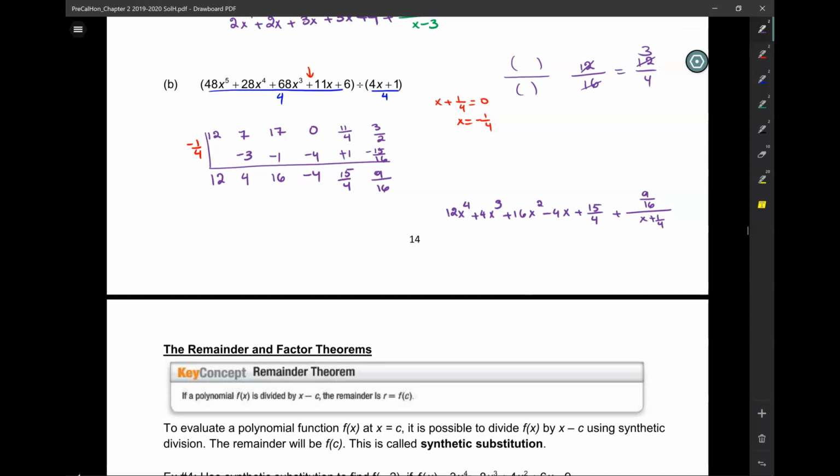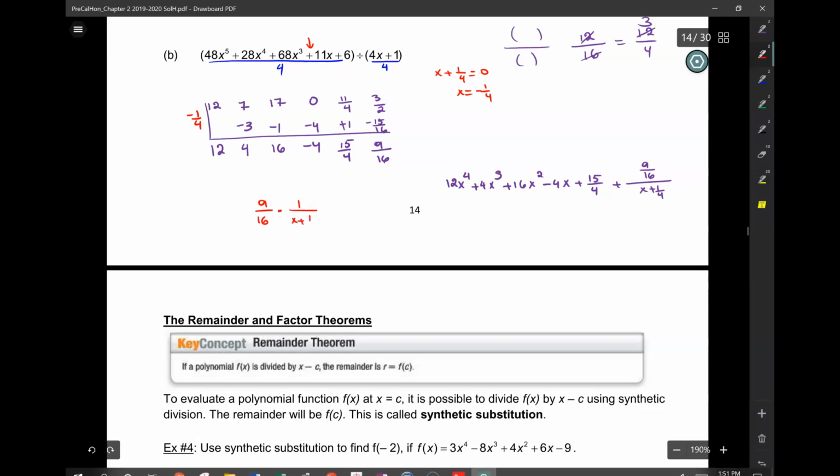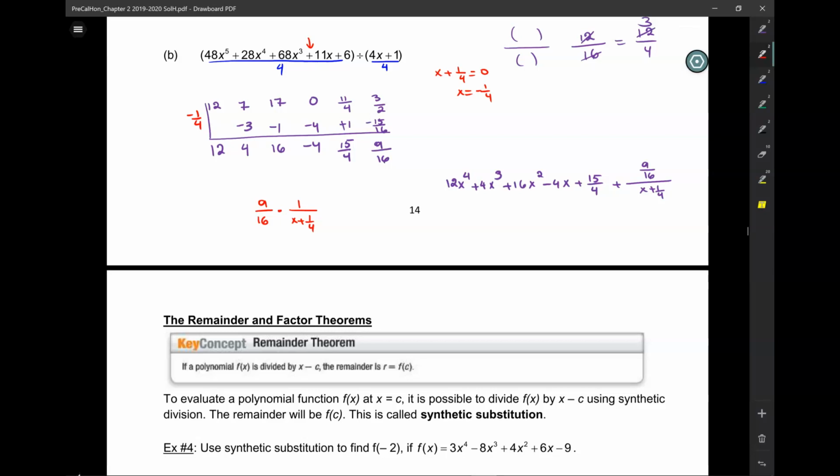This is a complex fraction. And we can't leave it as a complex fraction. So what you have to do is, this is 9 over 16 times 1 over x plus 1/4. Which is 9 over 16 times x plus 1/4.